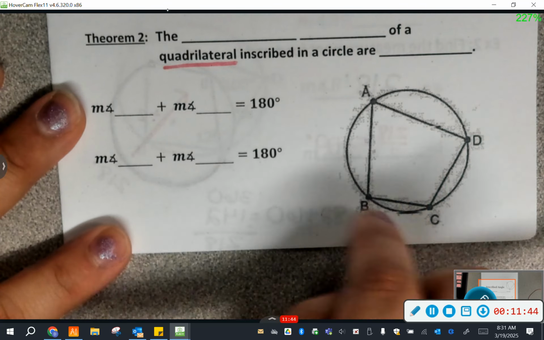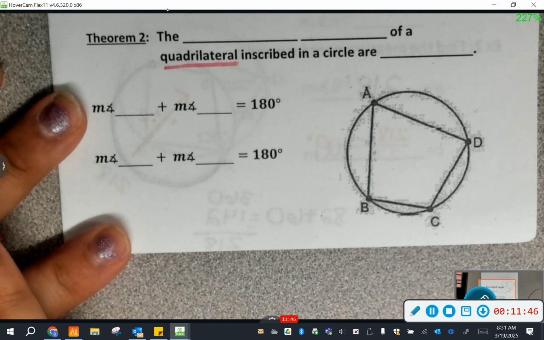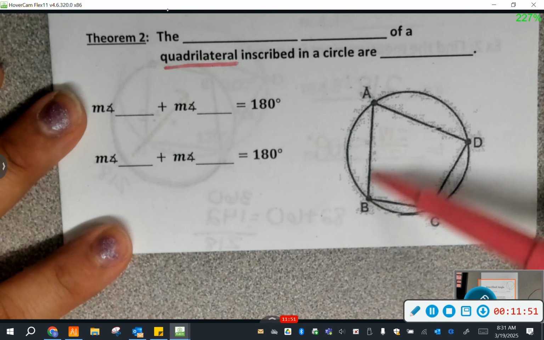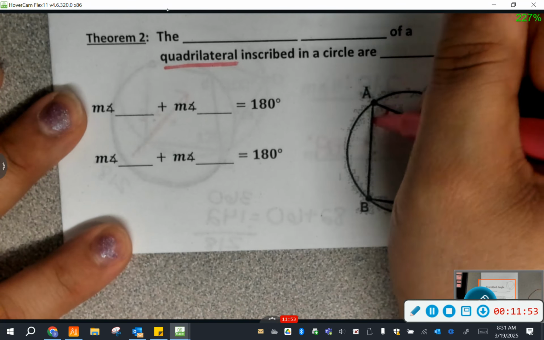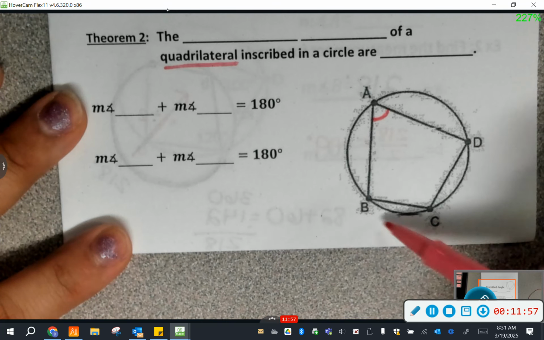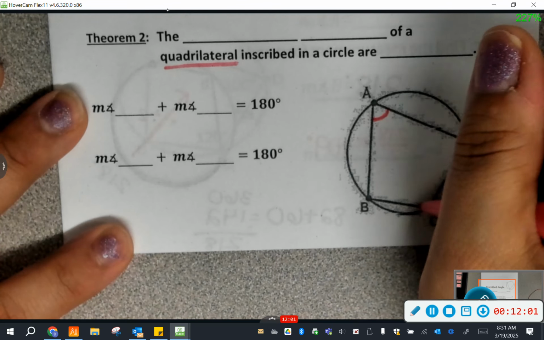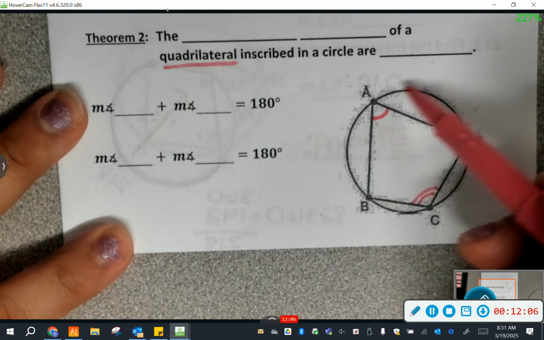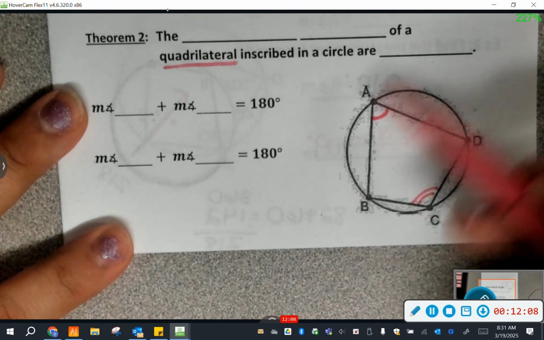Do y'all agree the quadrilateral is inside my circle? If I were to do angle A, it has the arc BD. Do y'all agree with that? And if I were to do angle C right here, this also has the arc BD but the other way. Do y'all agree with that?